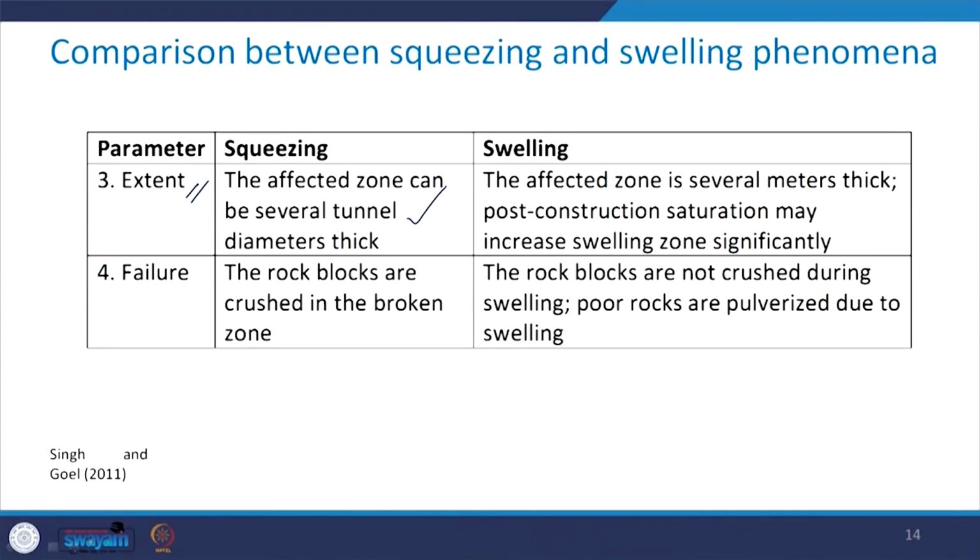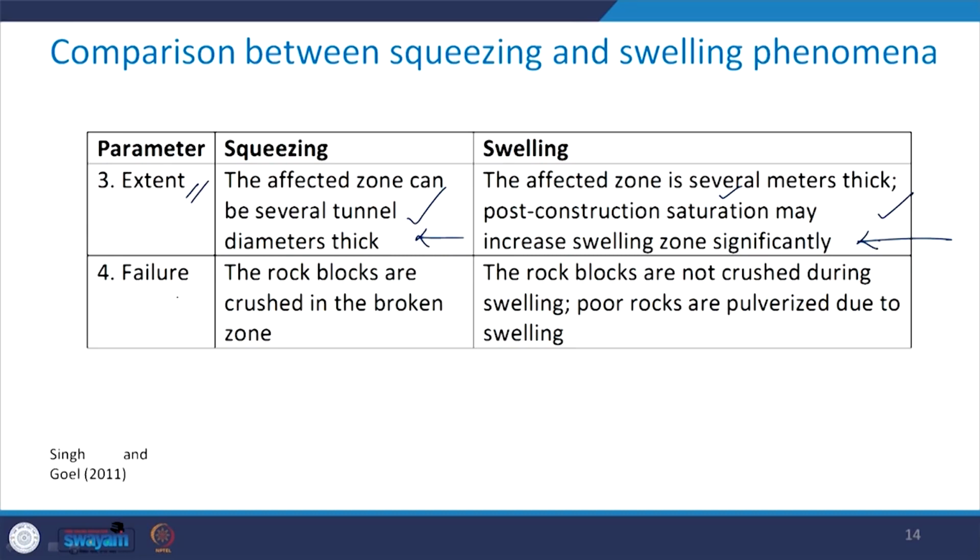However, in case of the swelling ground condition, the affected zone is several meters thick. Post construction saturation may increase swelling zone significantly. So, that is the difference between swelling and the squeezing phenomena as far as the extent is concerned.